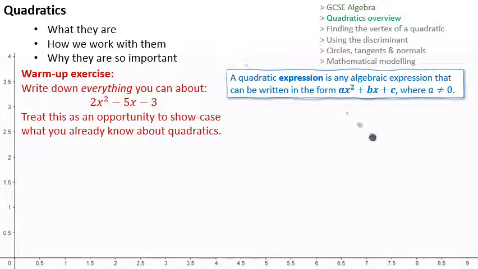But a quadratic expression is specifically a bit of algebra that potentially involves an x squared and an x term and a constant. Now, there's a little condition in there. We're being very precise here, pedantic almost, but that's maths for you. ax squared plus bx plus c, where a is not equal to 0. In other words, if you don't have an x squared term, we wouldn't really call it a quadratic.